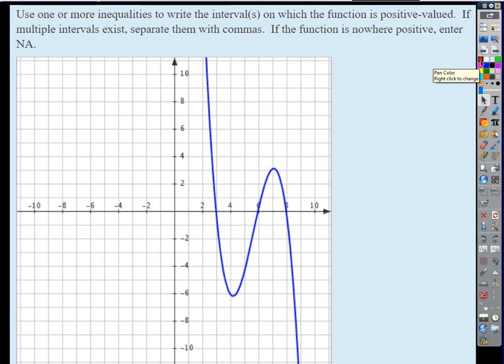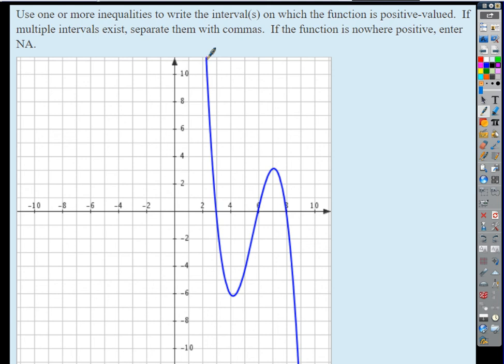And think about this in terms of that smooshing down onto the axis we talked about the other day. So if we take just the part of the graph that's above the x-axis, and I smush it down onto the x-axis, what marks would it make on the x-axis? So what are the parts that are positive valued?